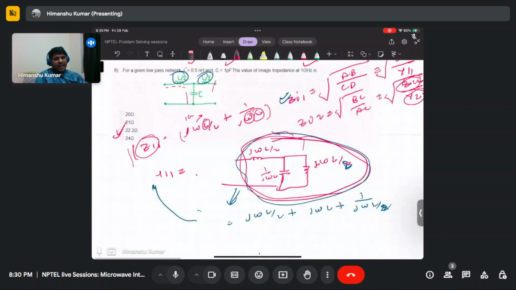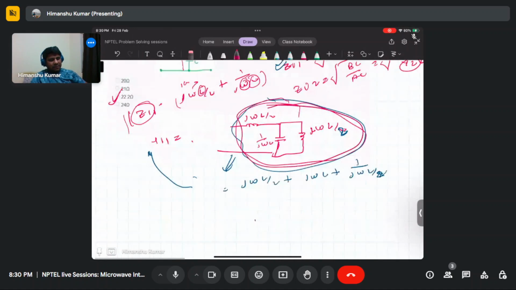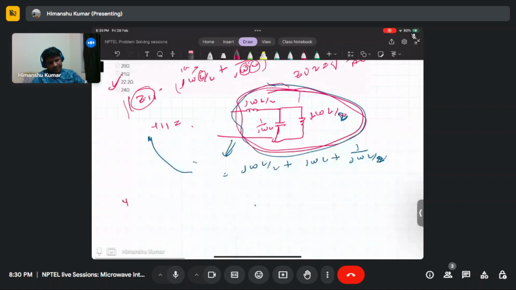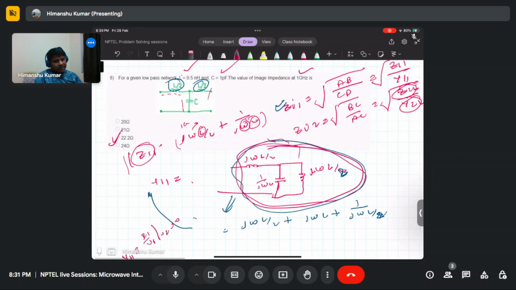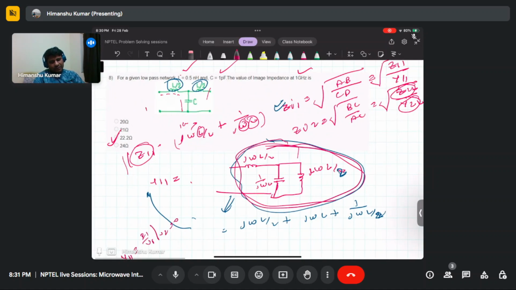So basically, Y parameters are like, see, Y11 as we have derived in this class is equal to I1 by V1 given that V2 is short circuit, right? In this two port network, this is port 1 and this is port 2.